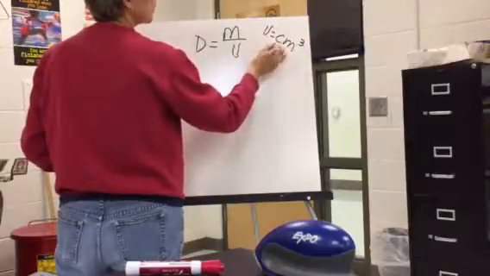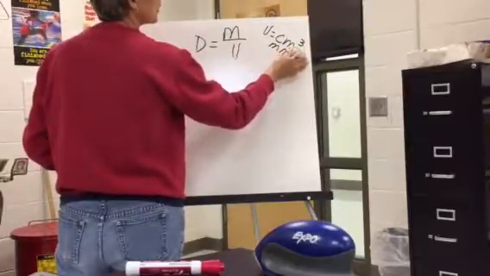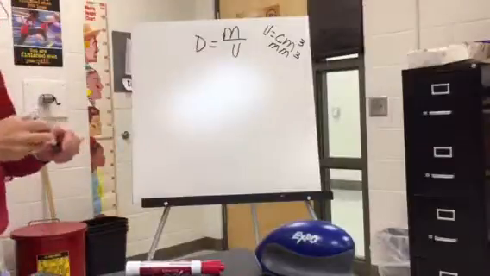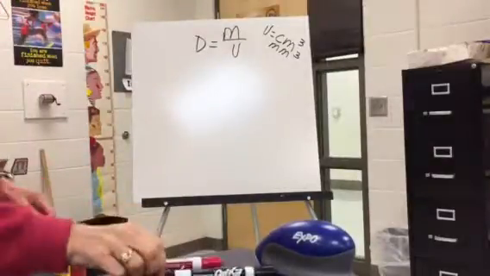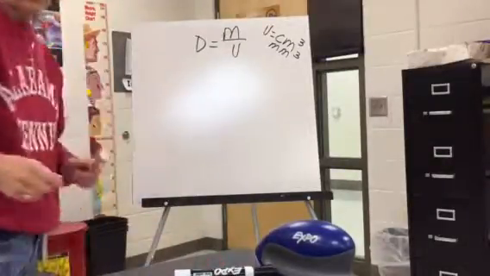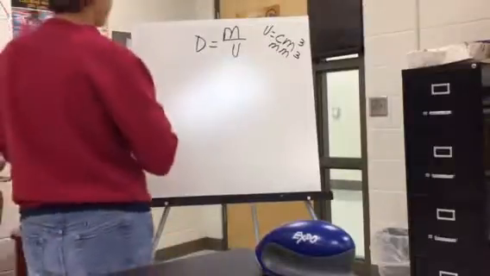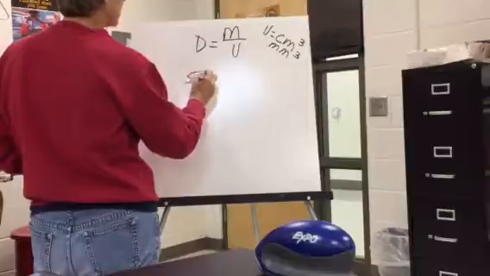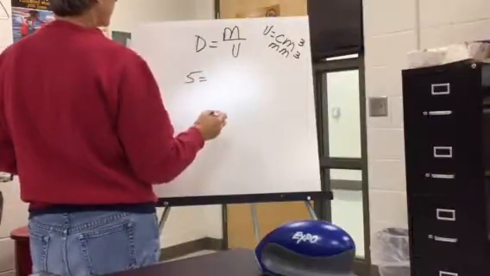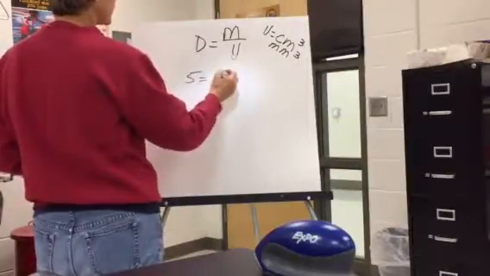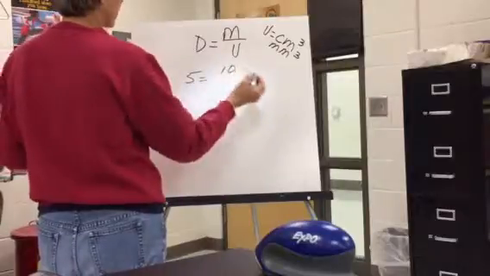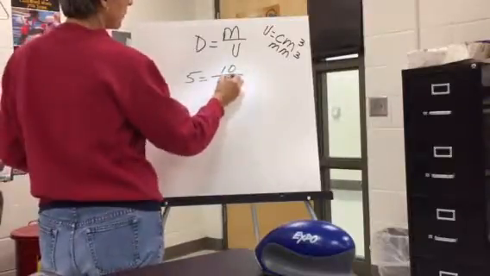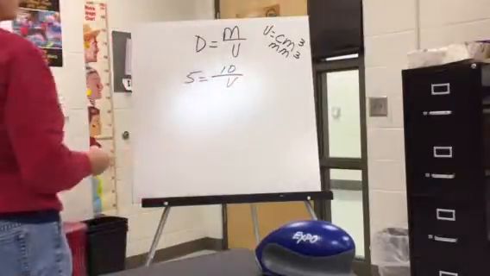It can even be millimeters cubed, anything cubed. So let's write a problem out. Density is 5, and the mass is 10. I'm making up numbers. And we want to know the volume.